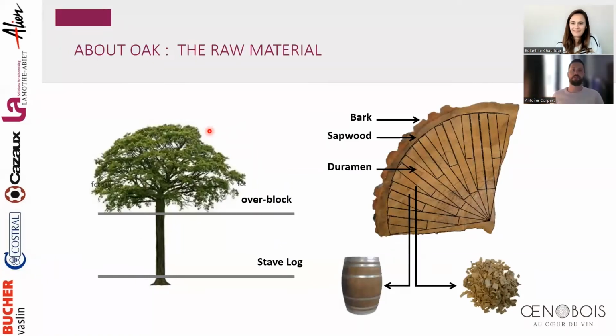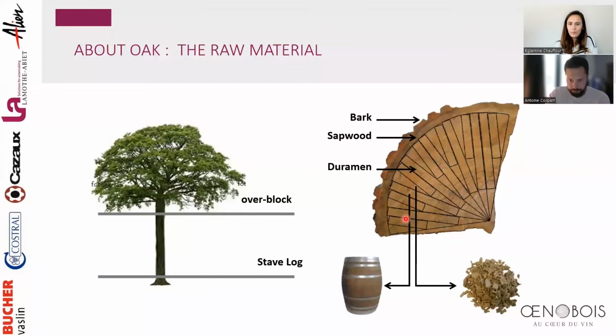So, first, let me talk about the raw material. When we work with oak in enology, we work with one part of the tree. Its name is stave log, as you can see on the left in the picture. Inside the stave log, it's important to know that we use the same oak quality as the barrel, the duramen part.